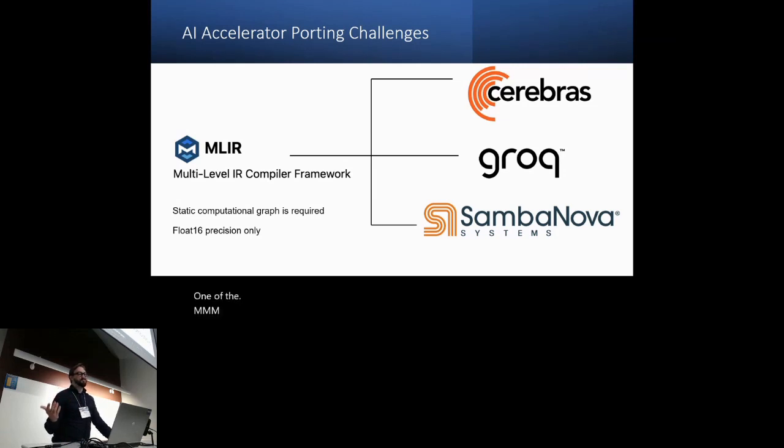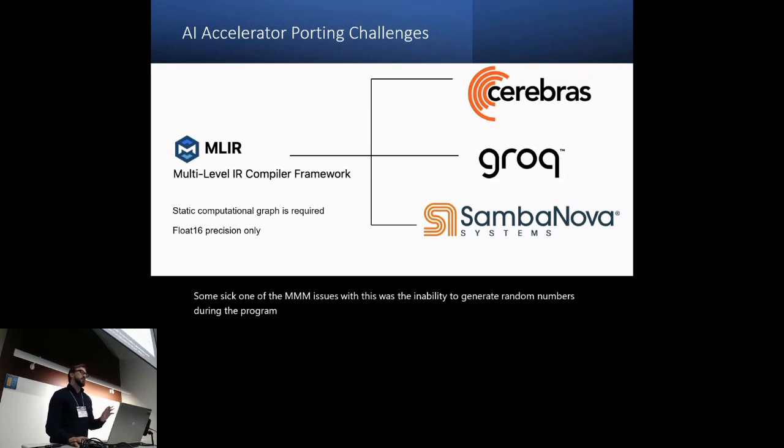One of the issues with this was the inability to generate random numbers during the program execution. So we had to make a workaround.